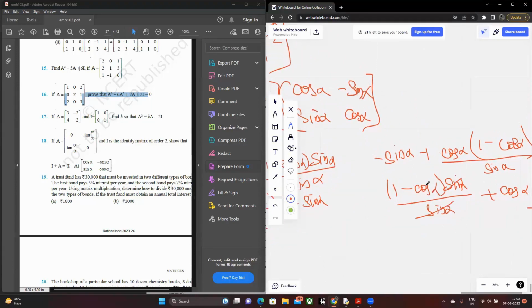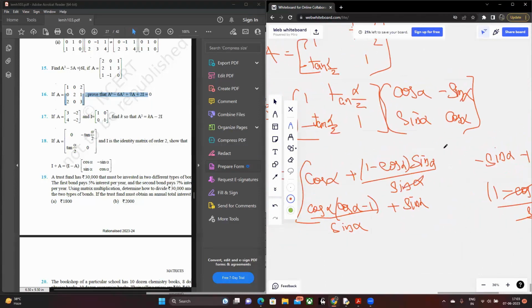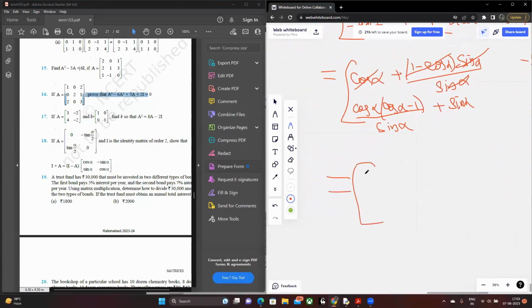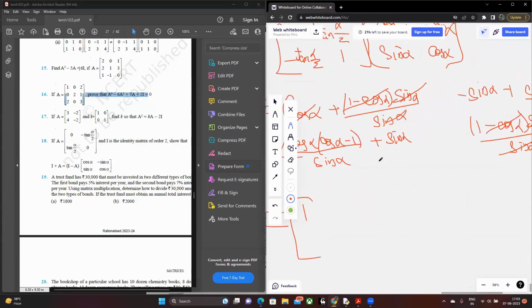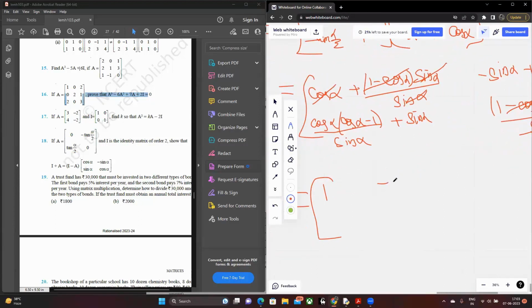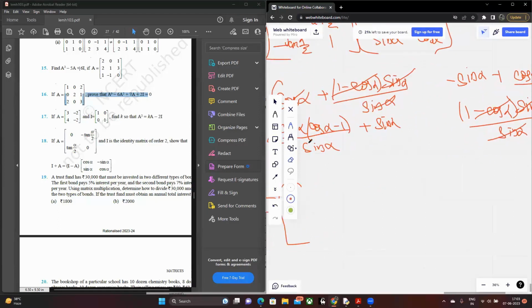Over here, this is going to be 1 minus cos alpha, and the cos alpha is going to go off. So this is going to be equal to, this is 1, and if I just rationalize, this is going to be minus, wait, this is going to be cos alpha, it's going to be cos alpha plus, wait, this minus sine squared alpha plus cos squared alpha divided by sine alpha.